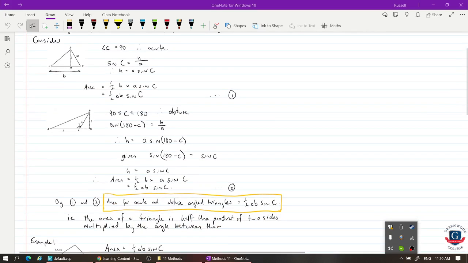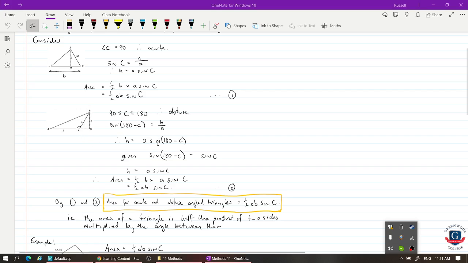Now, what if we have an obtuse angle C? Well, we know from lower school that we take this base here, we take this height here, multiply them together and halve them. We can find this height by first finding that angle there, which is 180 take angle C. To find the sine of that, we take the height divided by the hypotenuse, which is a.